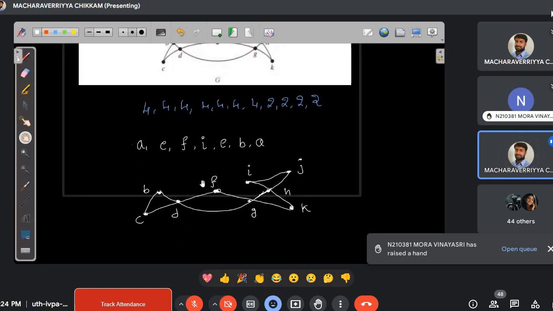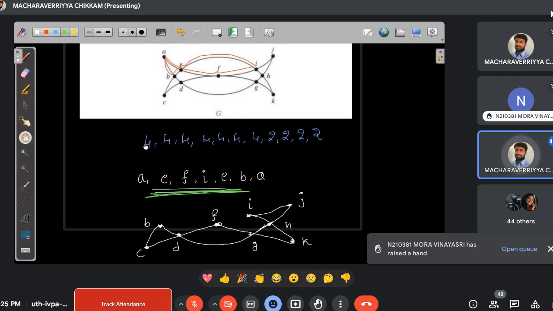Now you try to identify again a simple circuit in this graph that is going to start at one of these points that we used in the previous circuit. So you can think of a circuit which starts at E. Where is E?